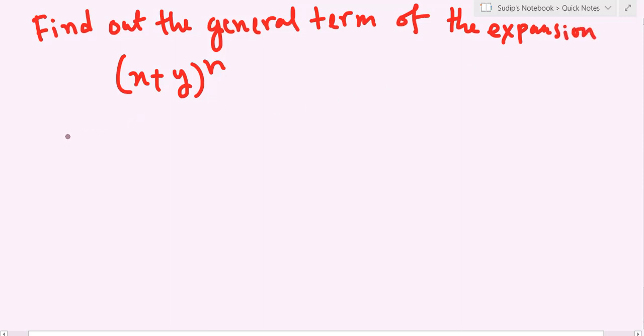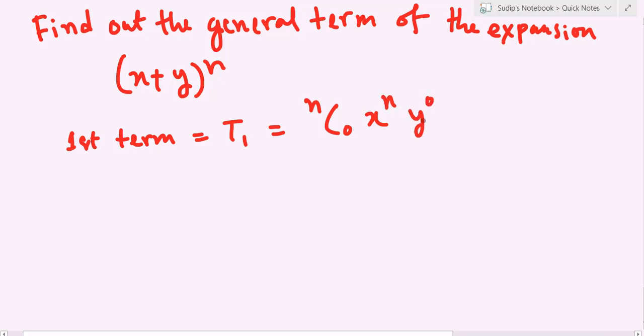Now we can say that the first term will be like this: T1 equal to nC0 x to the power n y to the power 0. The second term is T2, nC1 x to the power n minus 1 y to the power 1.